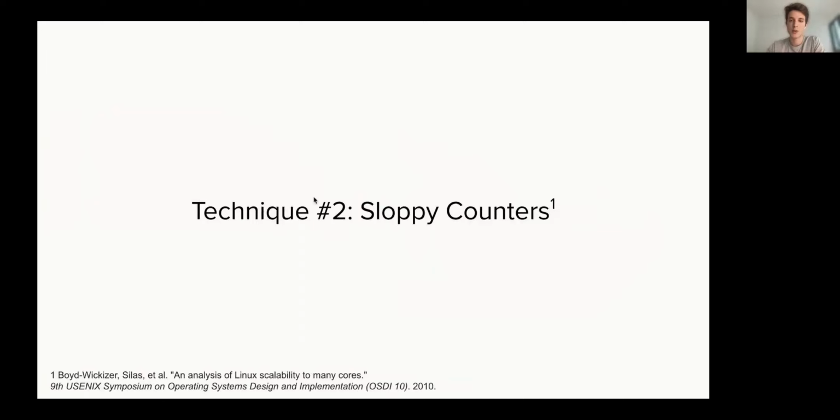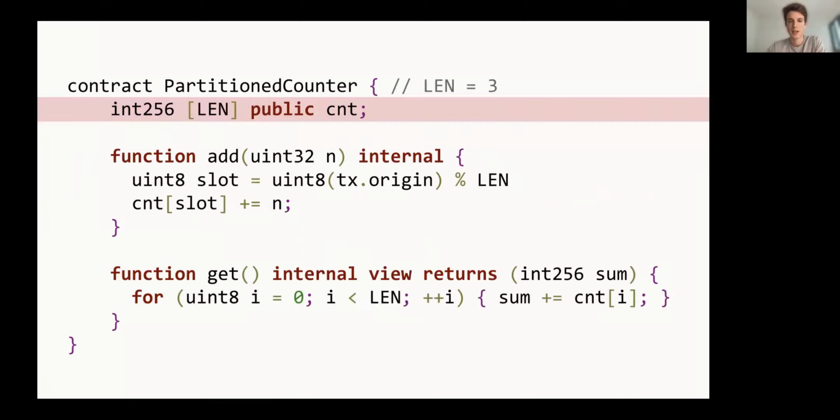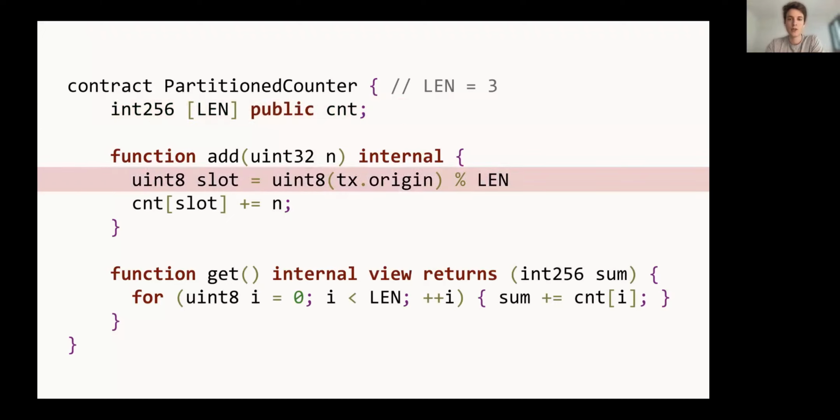The second technique we propose is based on earlier work called sloppy counters. And we call it partition counter in our work. The idea is that a single counter object under the hood would consist of an array of integers, so multiple storage entries. When you write to this counter, so let's say you add a value, you choose one of the entries in the underlying array based on some criteria. In this example, we choose based on the transaction sender address.